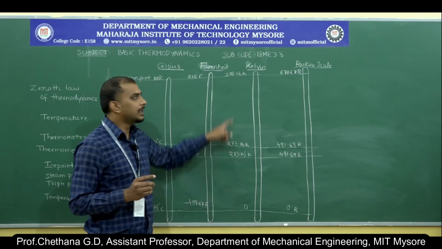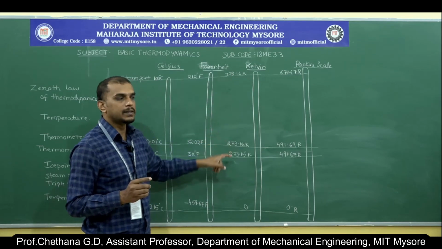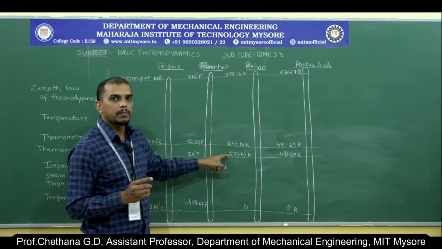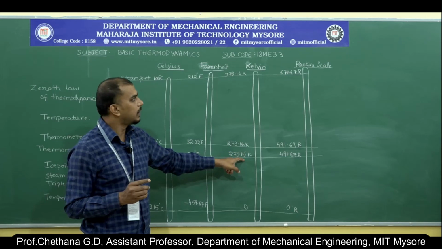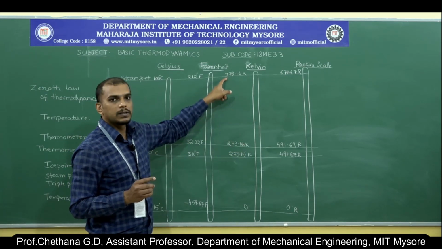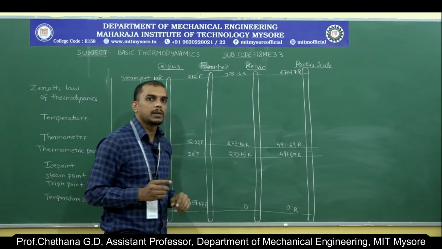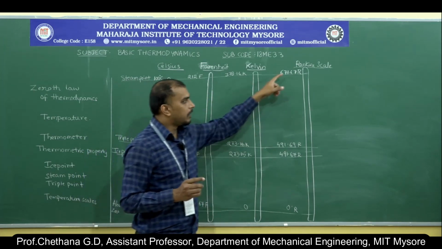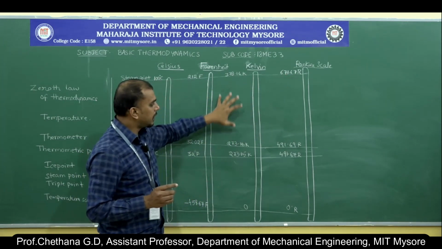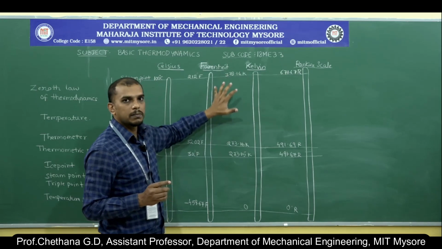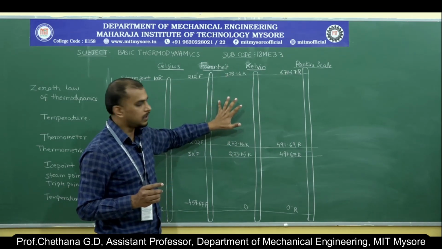When this Kelvin scale is inserted in ice point, it measured 273.15 Kelvin, and at steam point, it measured 373.16 Kelvin. In Kelvin scale, the division between ice point and steam point is once again 100 divisions.